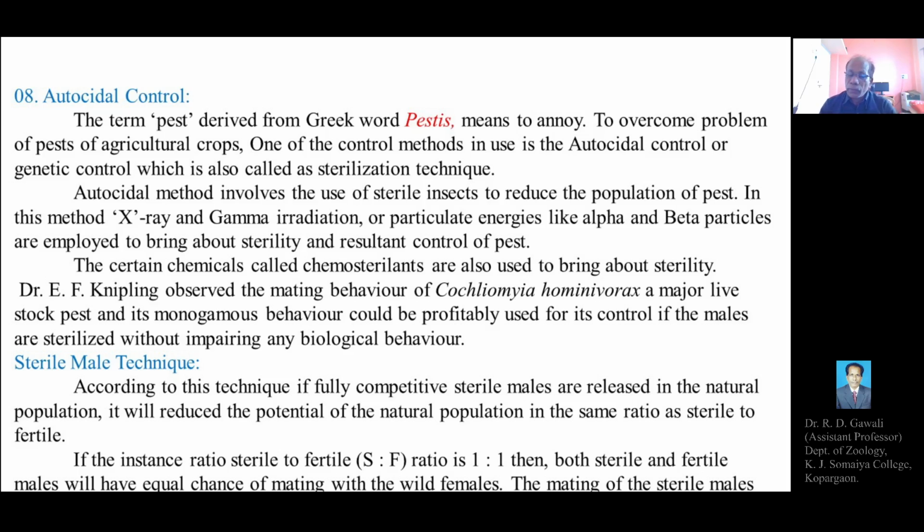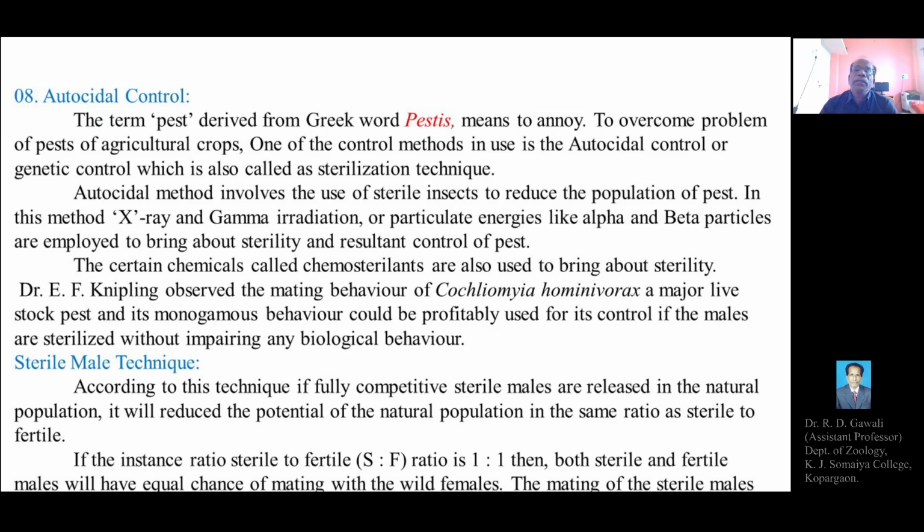In such a way, we can use the sterile male technique, and sterility in the males or females can be achieved by exposing them to X-rays, gamma rays, or alpha and beta particles, or by treating them with certain chemosterilants.